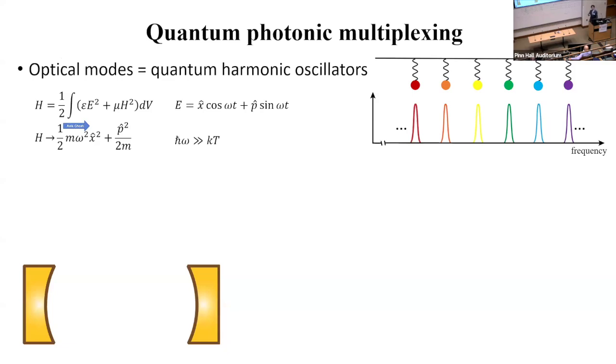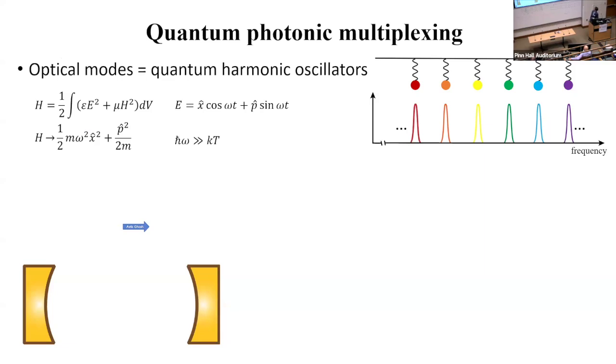They are oscillating electromagnetic fields inside, but they act like a mechanical oscillator. So even by just building two mirrors and having light bounce back and forth, you already have thousands of quantum harmonic oscillators inside. Those can be used as qubits or Qmodes.